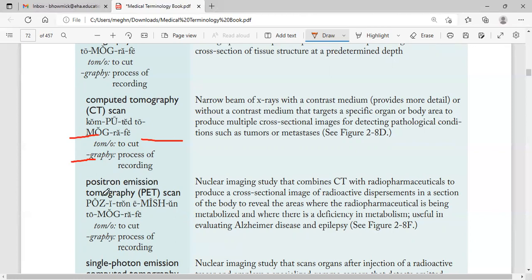Positron emission tomography, shortly called PET scan.